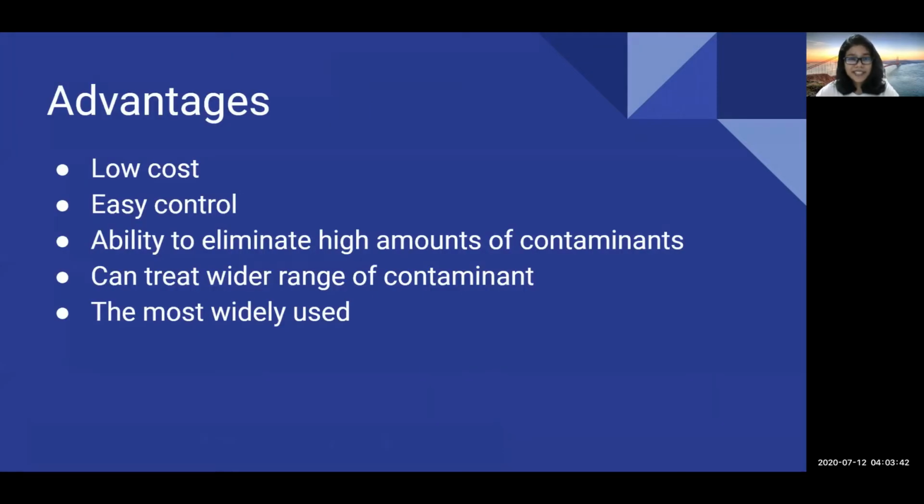The advantages of biofarming are its low cost and that it's quite easy to control. It has the ability to eliminate high amounts of contaminants, and it can also treat a wider range of contaminants. Biofarming is the most widely used bioremediation technique in the world.